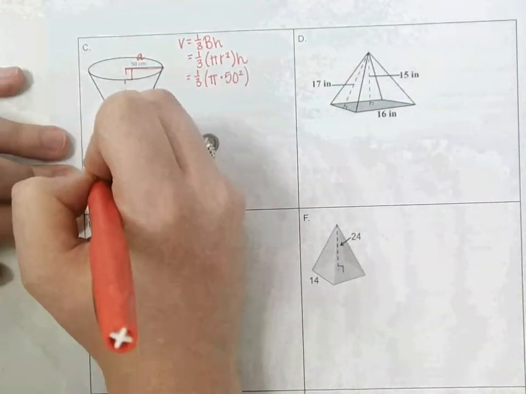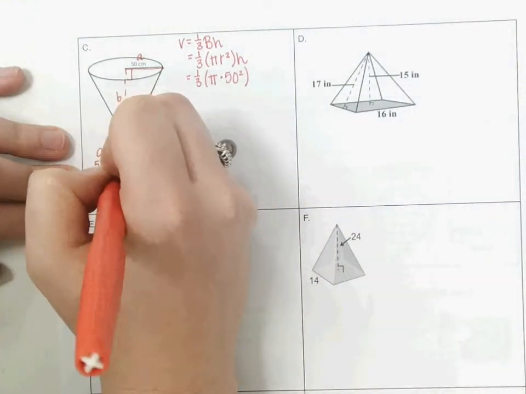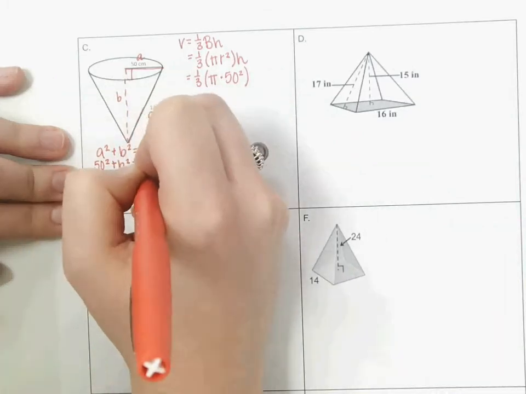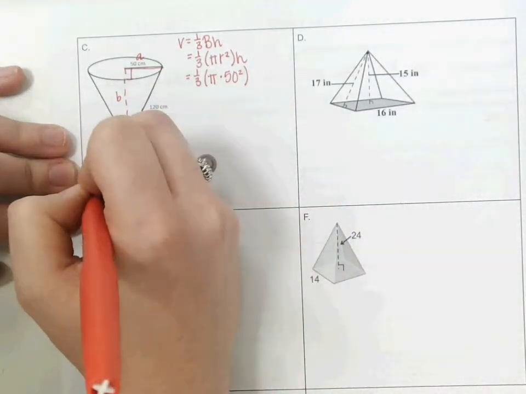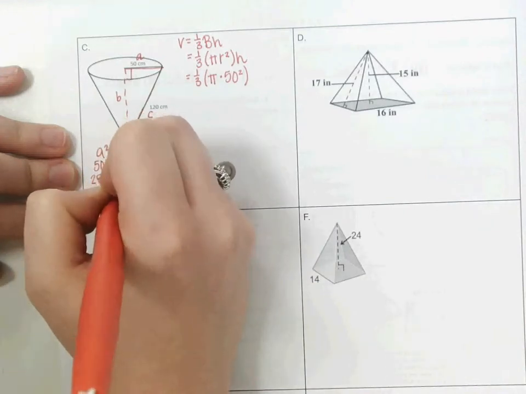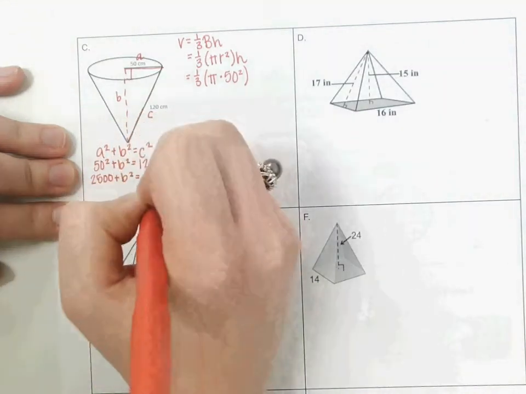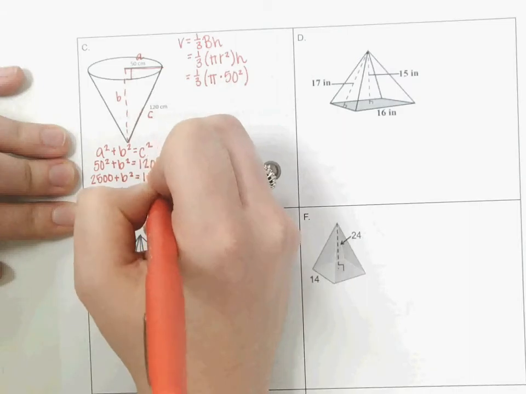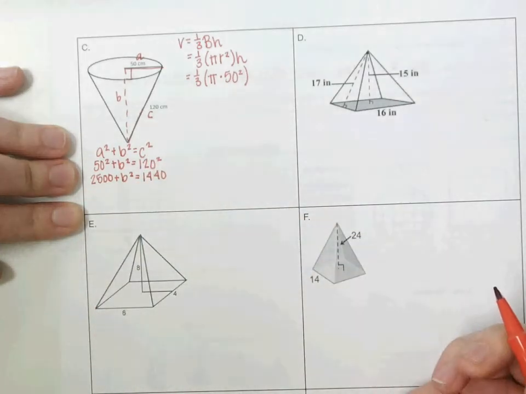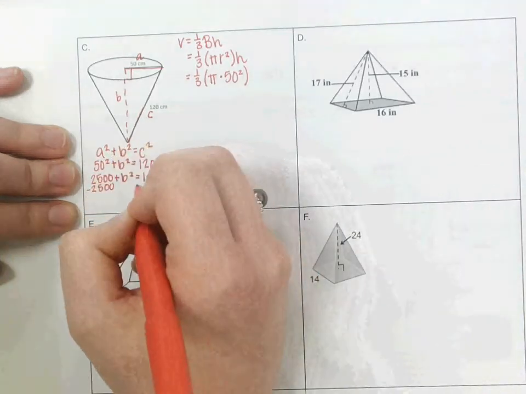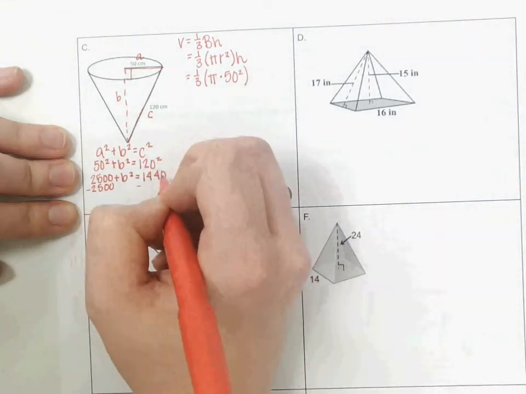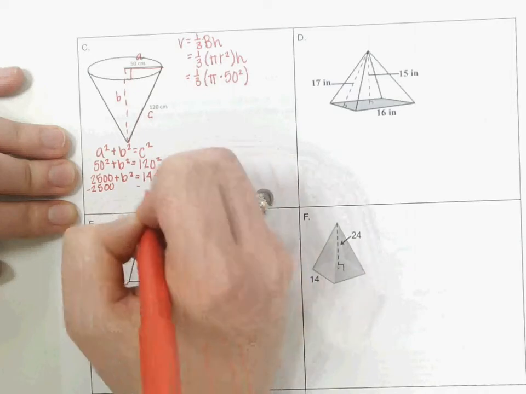So we're going to plug it in. We have 50 squared plus B squared equals 120 squared. So when you multiply those out, we get 2,500 plus B squared equals 14,400. Oops, I forgot an extra 0 in there, I apologize.